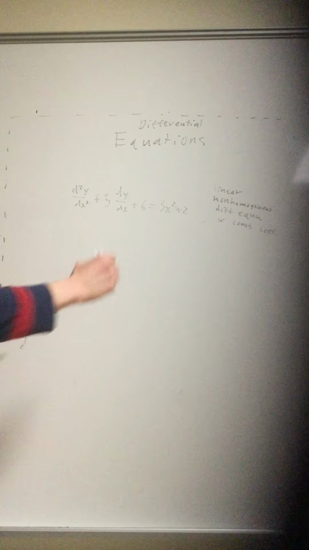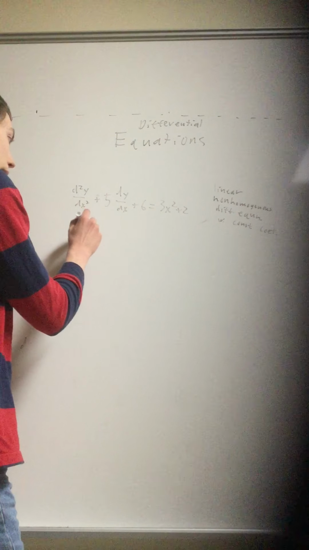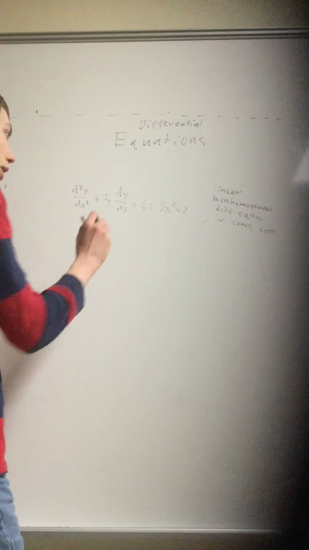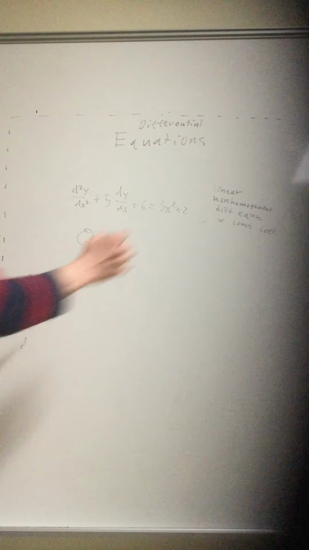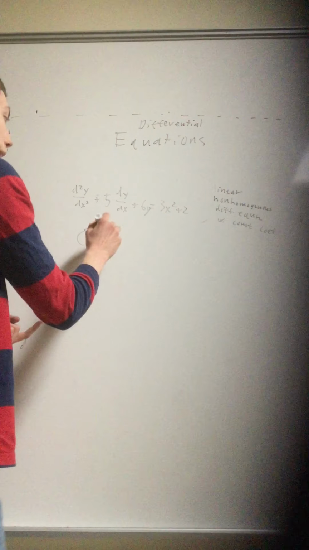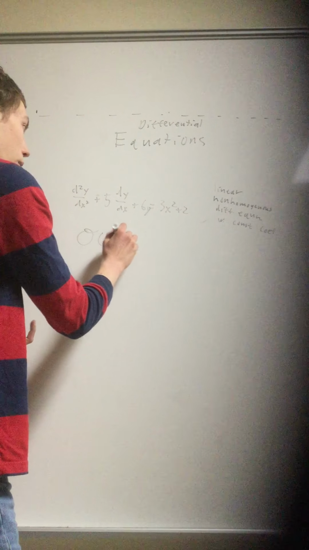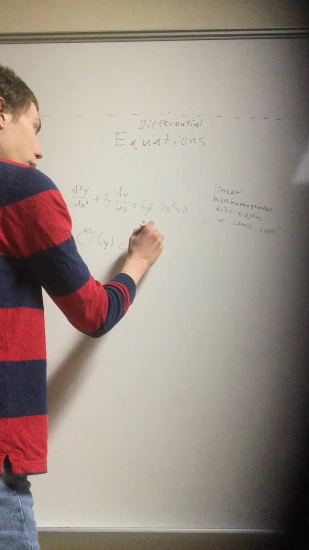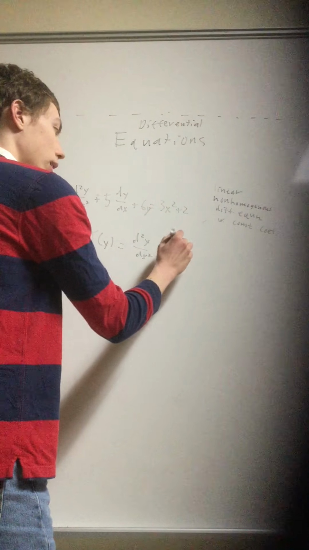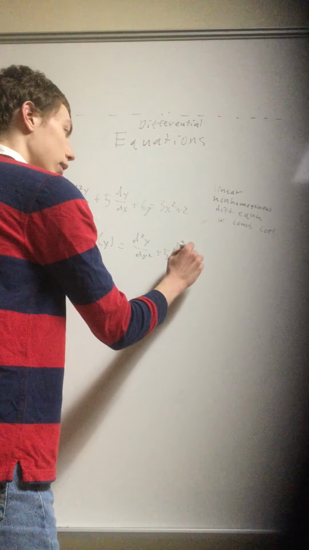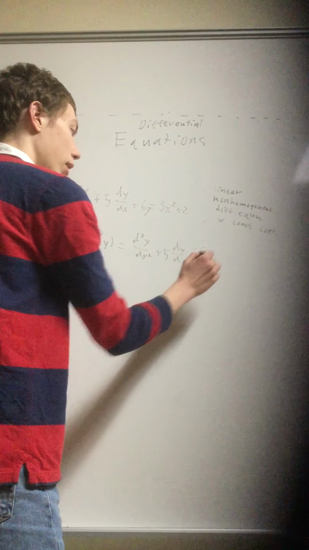This is really important. In mathematics, we have these abstract functions called operators. So this whole left-hand side is an operator of y. So we could write O of y equals d squared y over dx squared plus 5 dy over dx plus 6y.